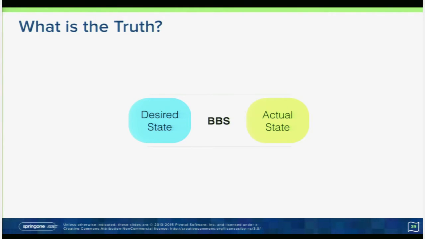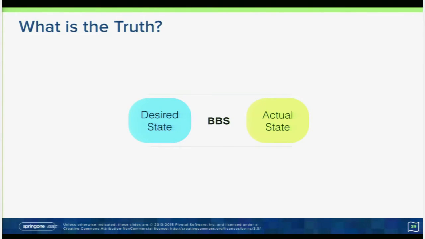So we have two things that we care about. We care about the desired state of the world, all of the things that you've asked Diego to run in terms of your applications and batch jobs and staging jobs and so forth, and what's actually running.